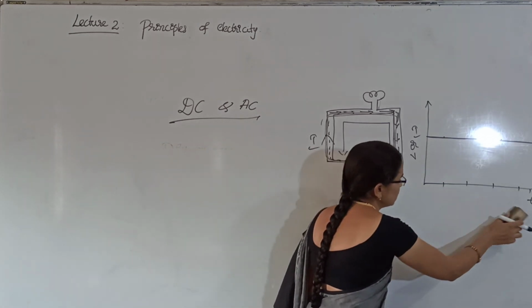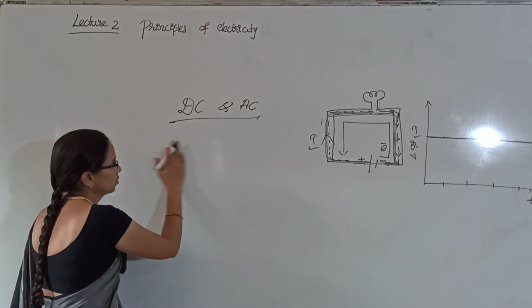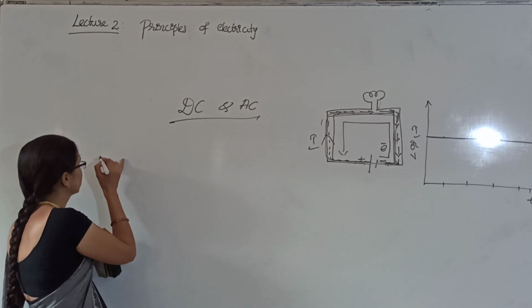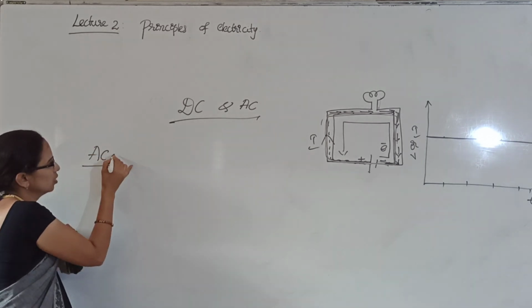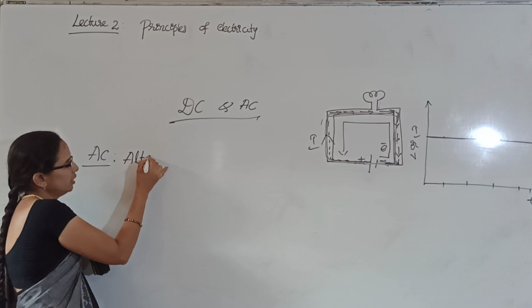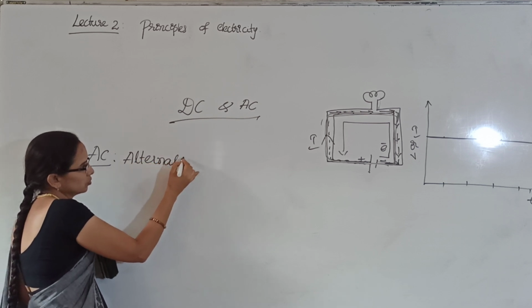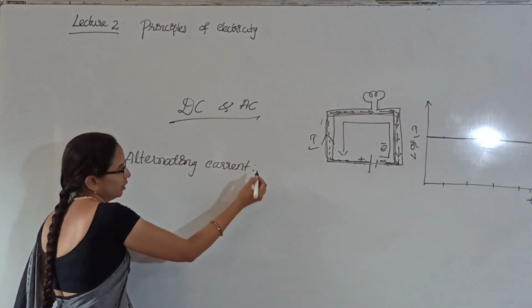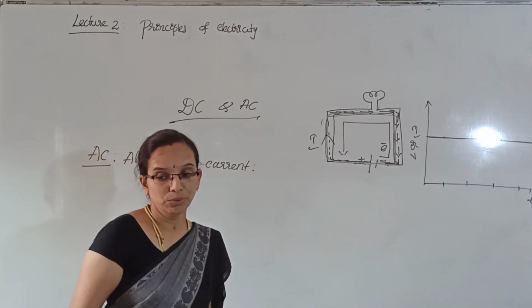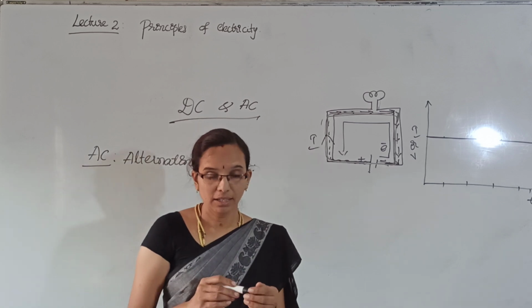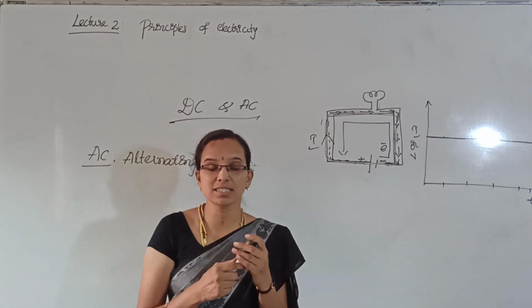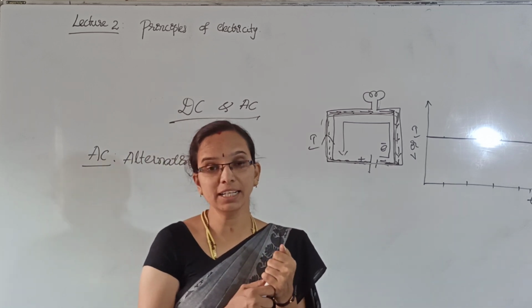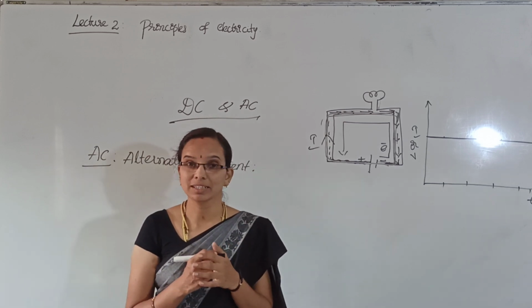Whereas in AC, the magnitude and direction change periodically and continuously with time.